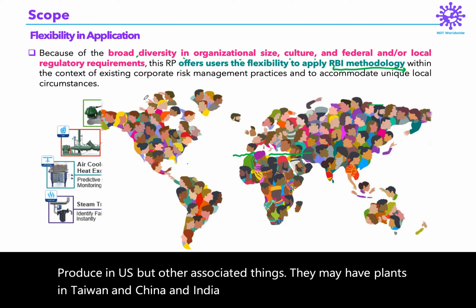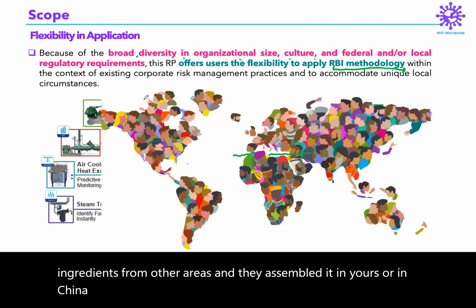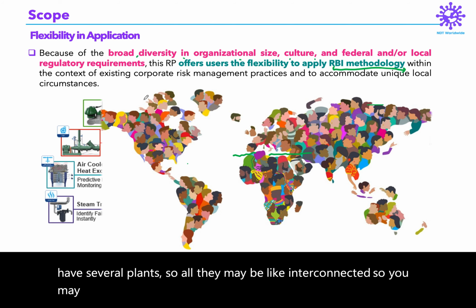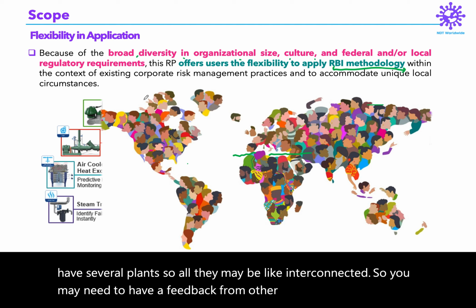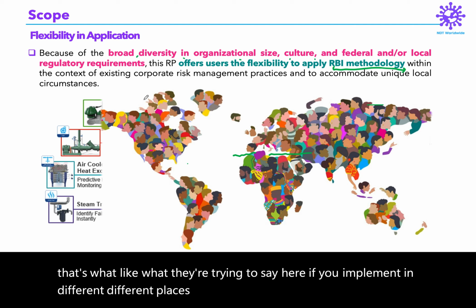They'll get different ingredients from other areas and assemble it in the US or in China. They want to reduce their operating costs, so they may have several plants, all interconnected. So you may need to have feedback from other branches as well. That's what they're trying to say here. If you implement in different places, you can get a better understanding of the entire system as well.